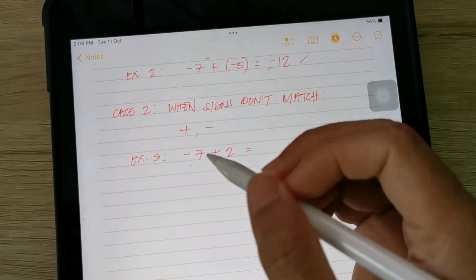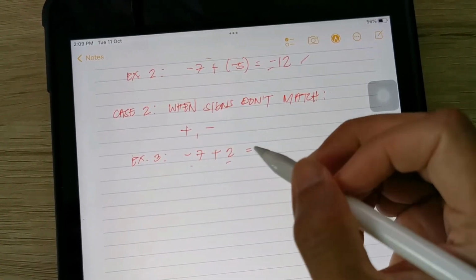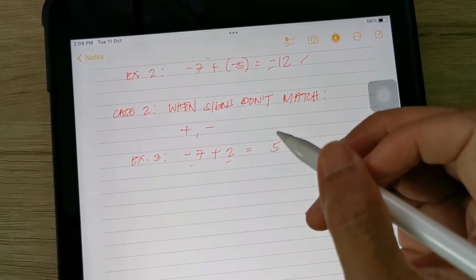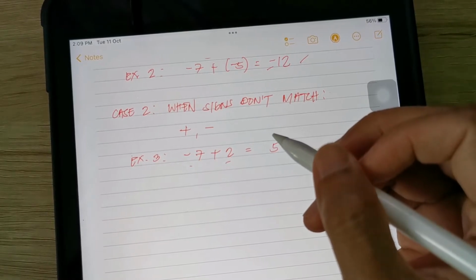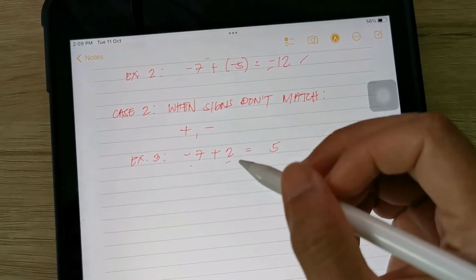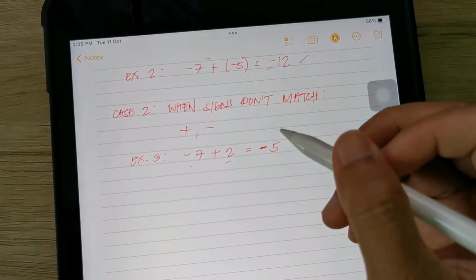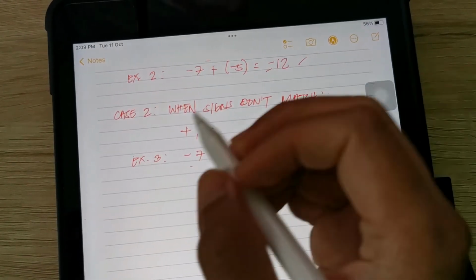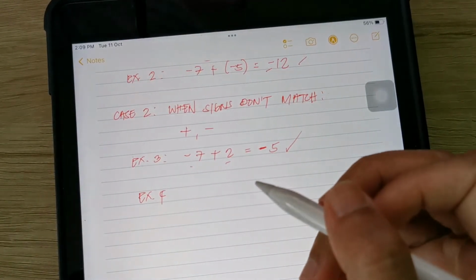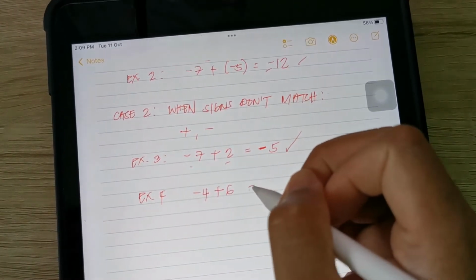Say for example, -7 plus 2, you just have to subtract them first. 7 minus 2 is 5, and then you copy the sign ng mas malaking number. Mas malaki ang 7 sa 2, so kokopyahin natin yung sign ng 7, so it's -5. Okay, this is our answer. Example number 4, -4 plus 6.